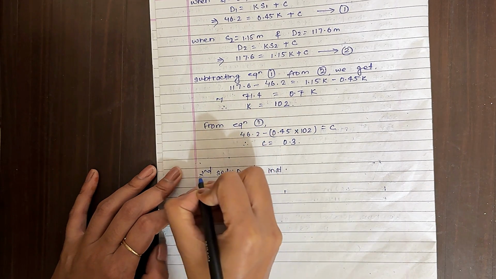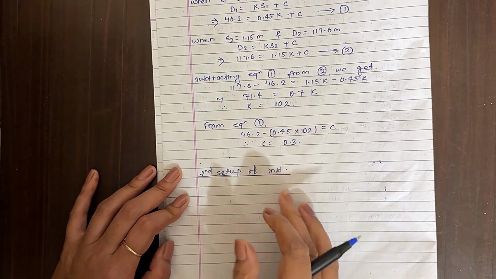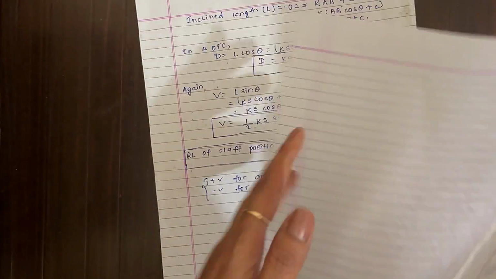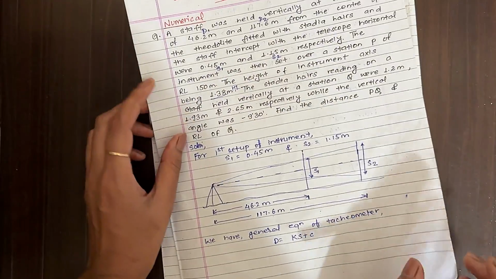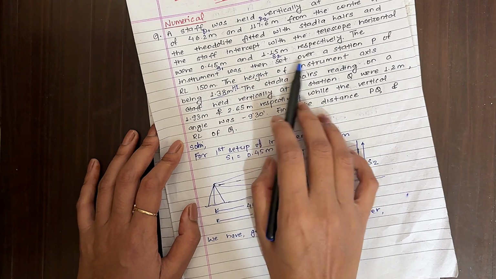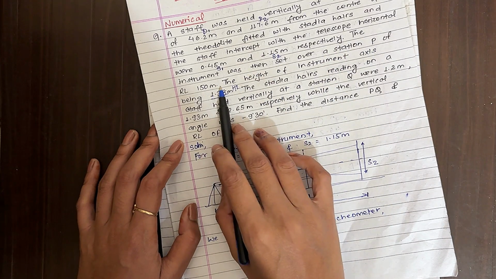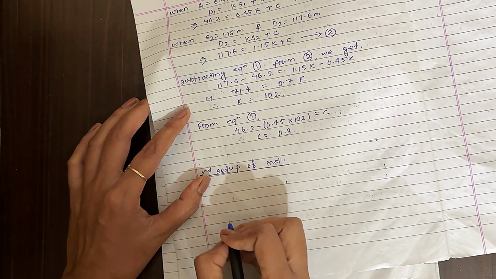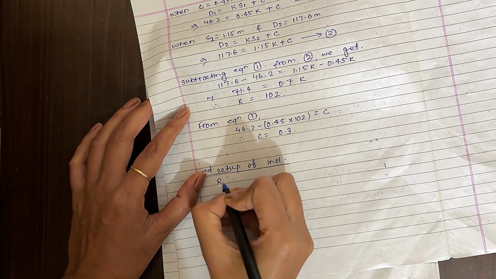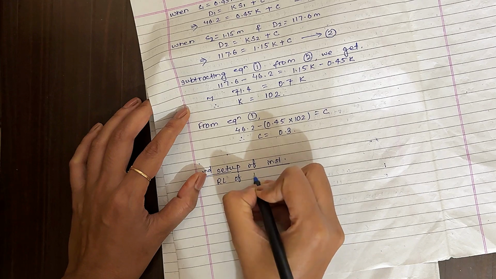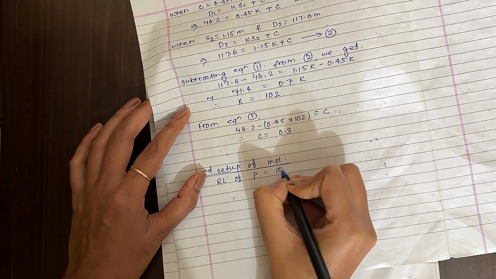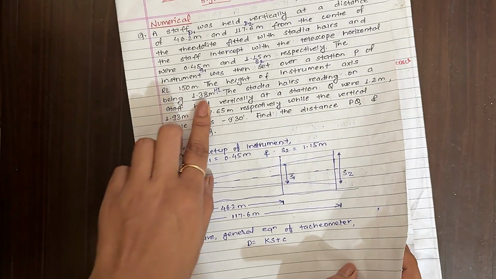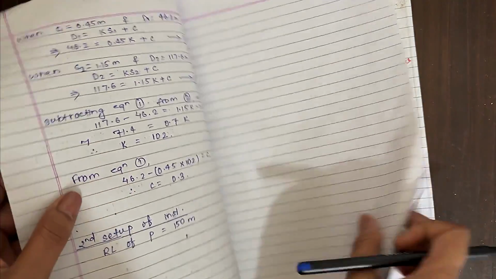the instrument was then set over a station P of RL 150 meter. So when the RL of P is given, which is equal to 150 meter, also the height of instrument is given here, which is 1.38 meter.